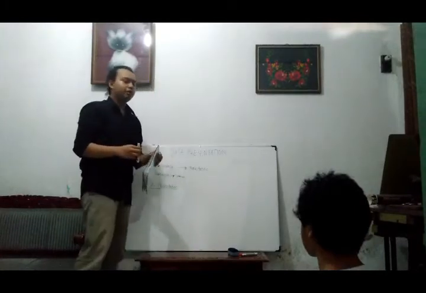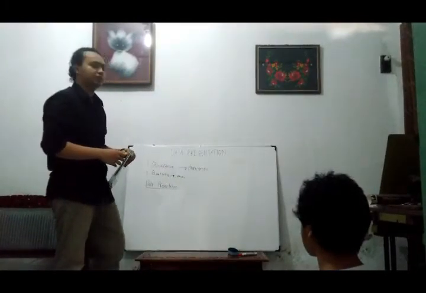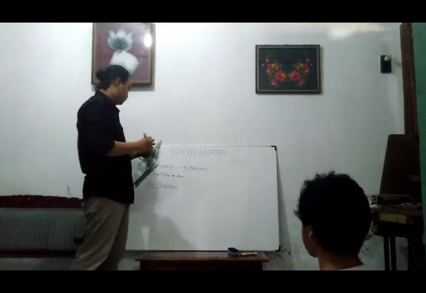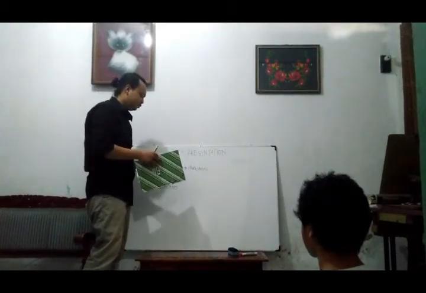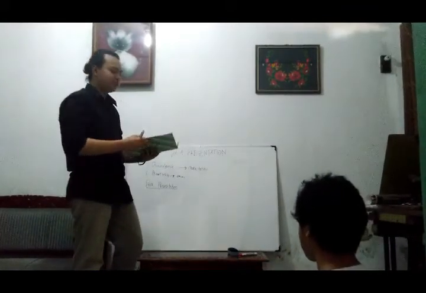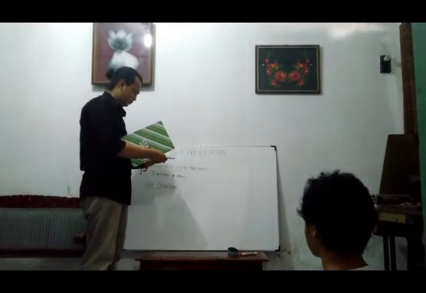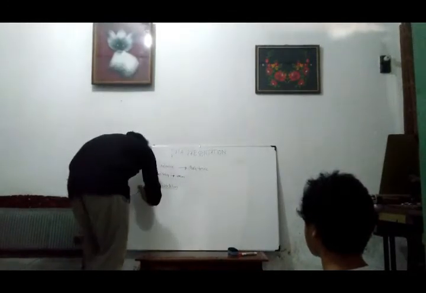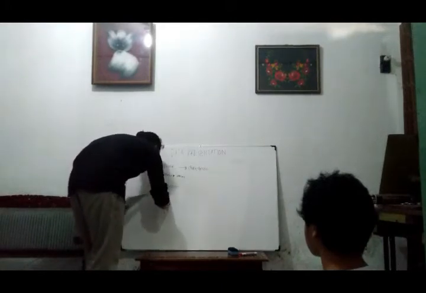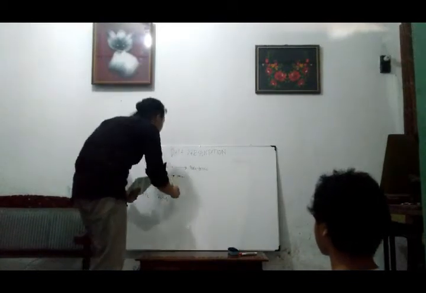Like I said before, after the data is collected, the data will be arranged. There are two ways to present data, namely in the form of a table and a chart. First is the table. A table shows the data in rows and columns.